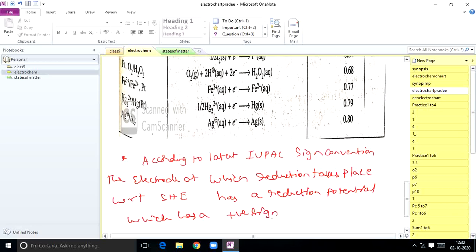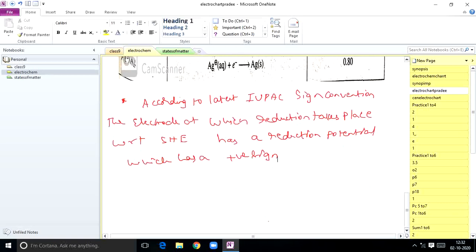Very important point: the electrode at which reduction takes place, that is the cathode, with respect to SHE has, that means SHE acts as anode, a reduction potential which has a positive sign.